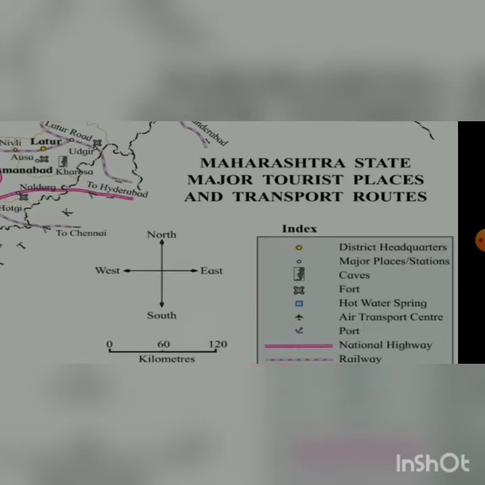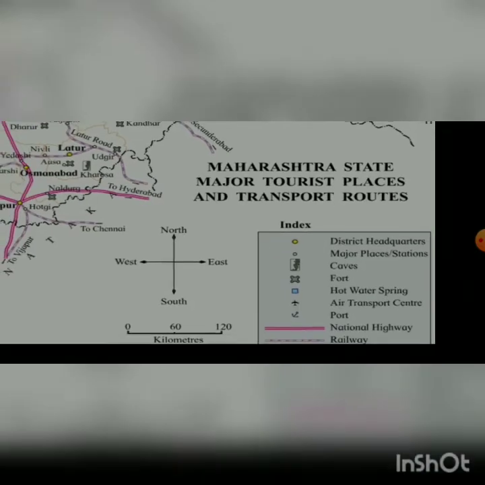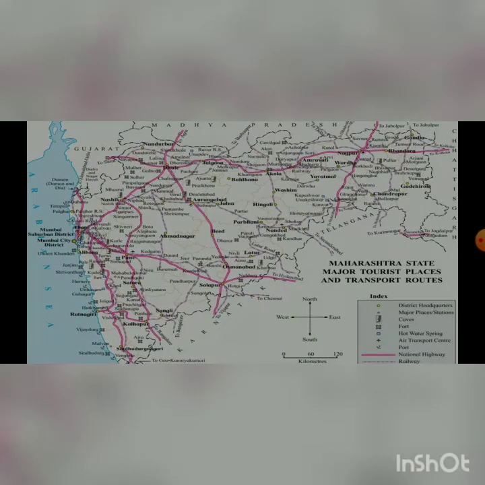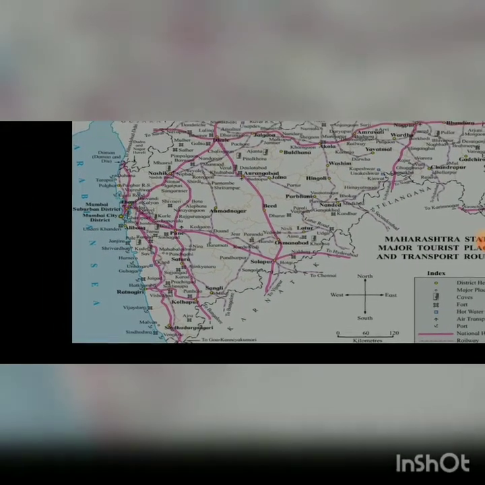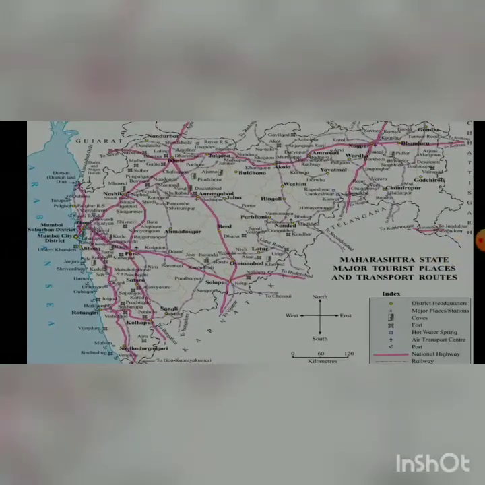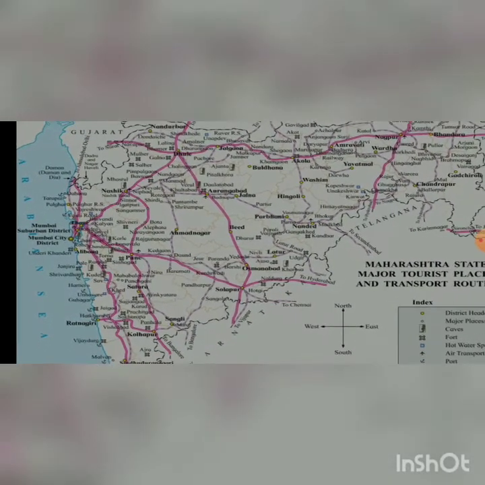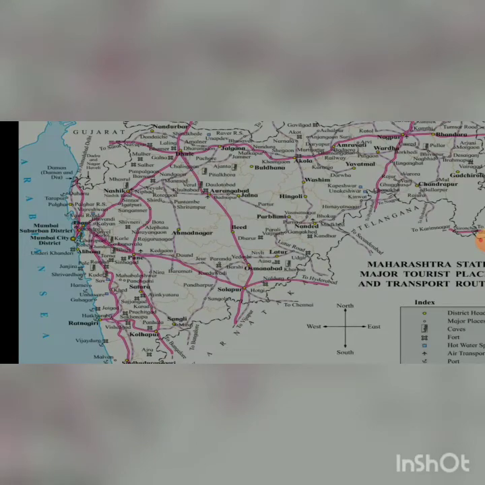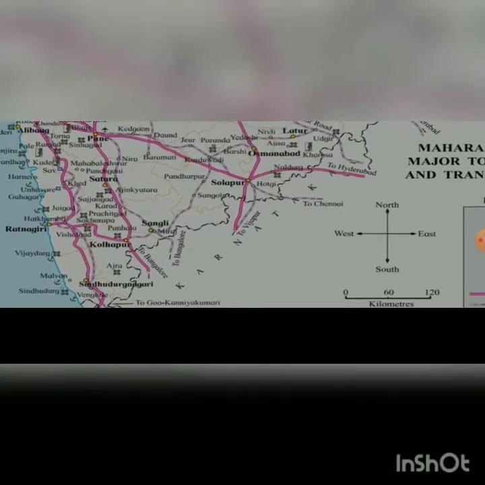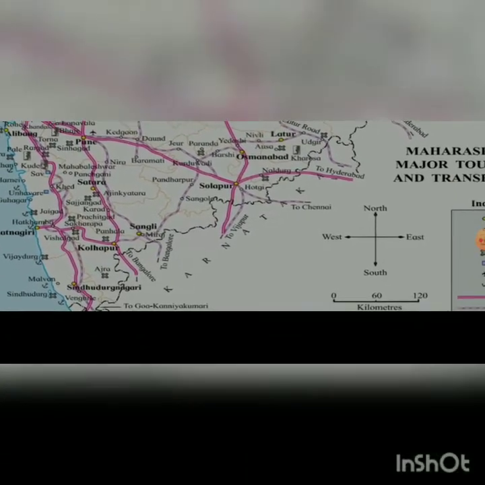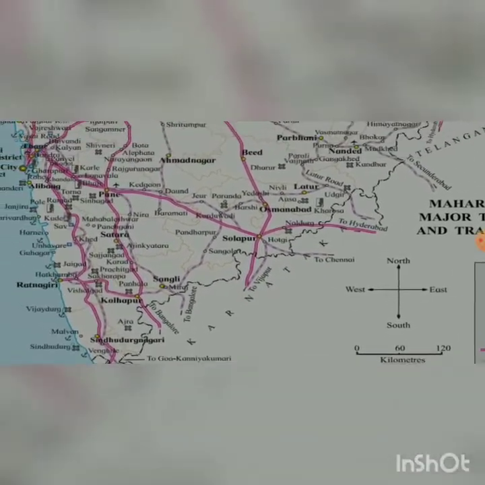Now when you see the map, it shows the neighboring states also. Now the neighboring states towards the south are Karnataka and Andhra Pradesh.